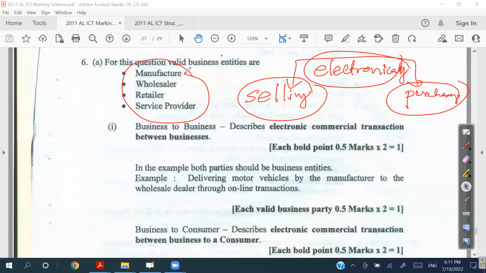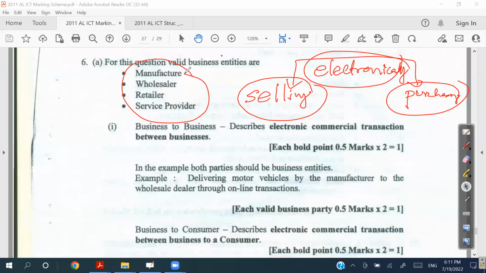A garment, that will be enough. You don't need to name any particular garment. You really don't know it. Right? But the example should reflect there is a business, there is another business, and they are doing the transaction electronically.